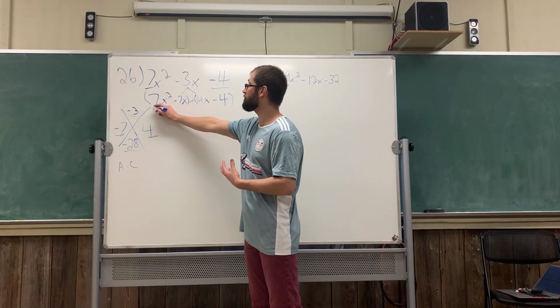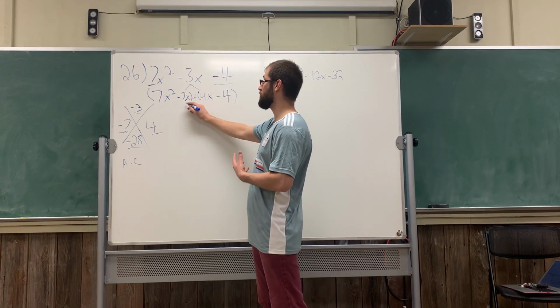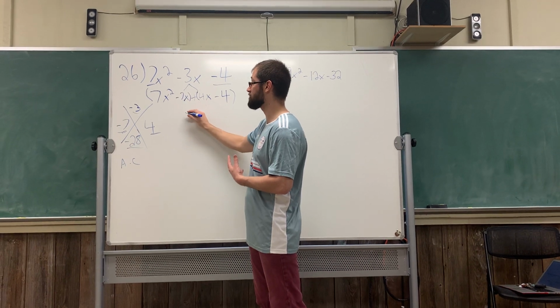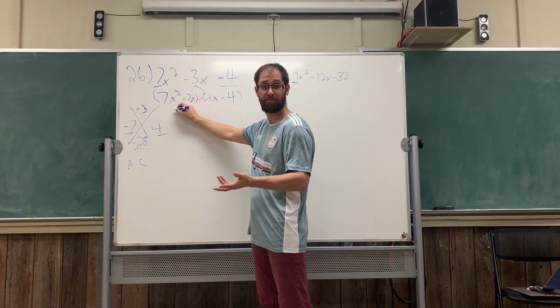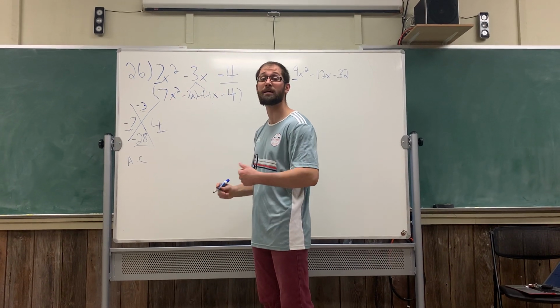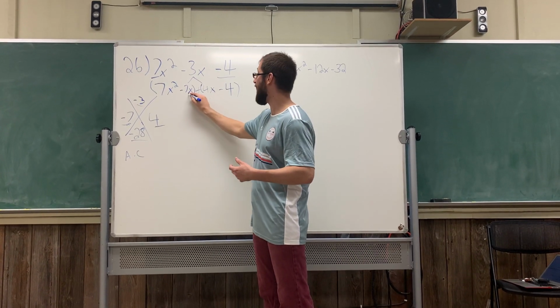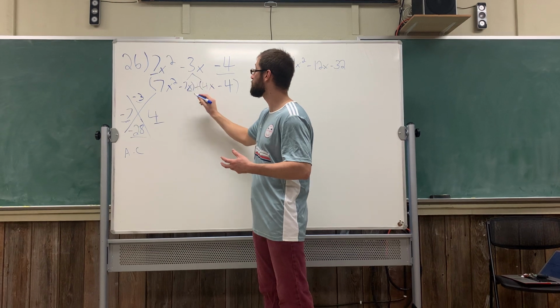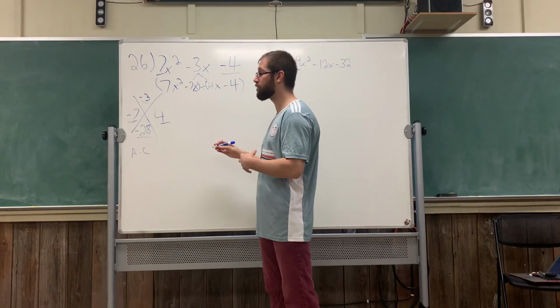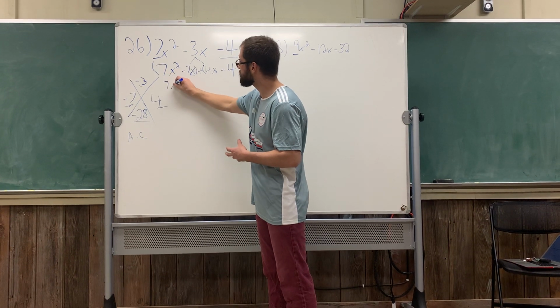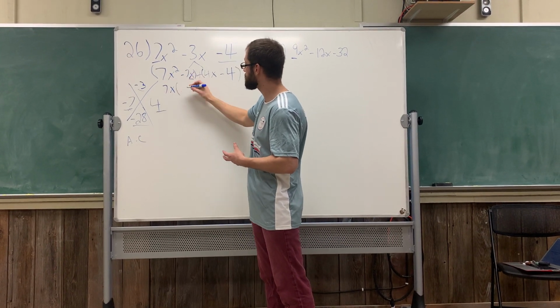Looking at my first term, 7x squared minus 7x, they both have 7x in them. 7 is the greatest common constant, and x to the first is the highest shared variable power. So I can factor out 7x from both of these.